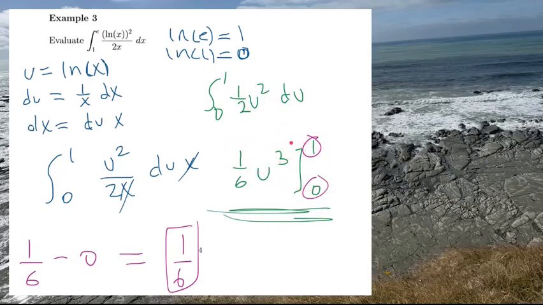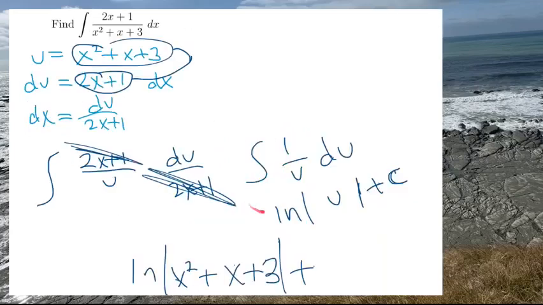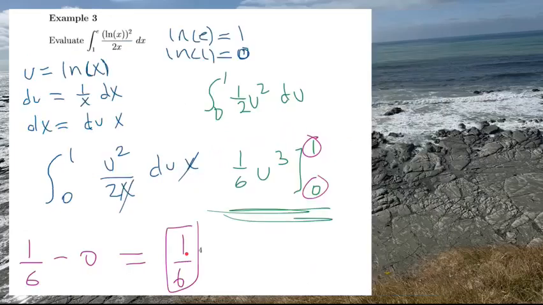Here's the thing. Now listen up. Remember I said there's a common mistake people make. The mistake is that they switch it back to ln x because they're thinking of one like this. But when you change the bounds, anytime you do that, you don't switch back. So if there's one thing you pay attention to in this video, that's what you should. If you change your bounds, don't change back to x.